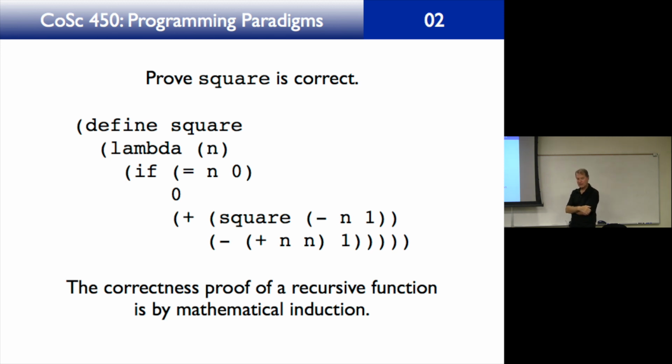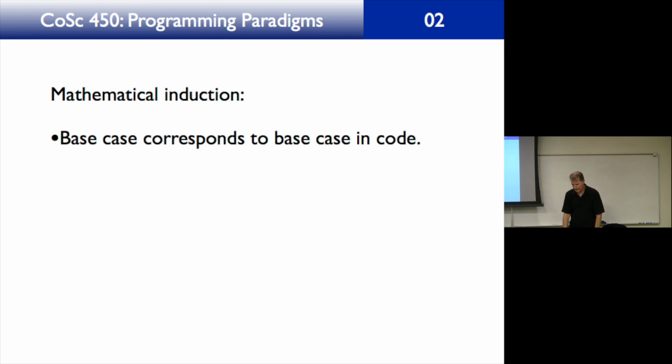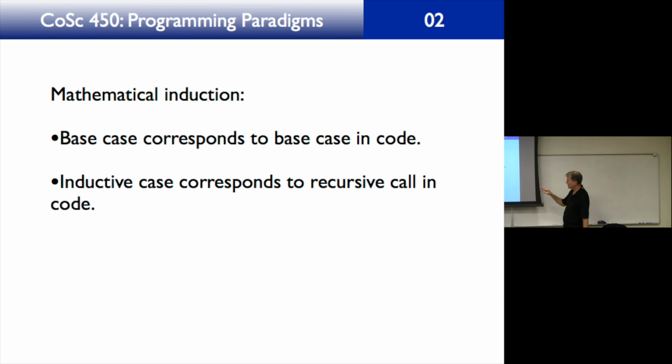So there's a really natural correspondence between recursive algorithms and proofs that those recursive algorithms are correct. We're going to use mathematical induction. The base case in the mathematical induction corresponds to the base case in the code, and the inductive case corresponds to the recursive call in the code.